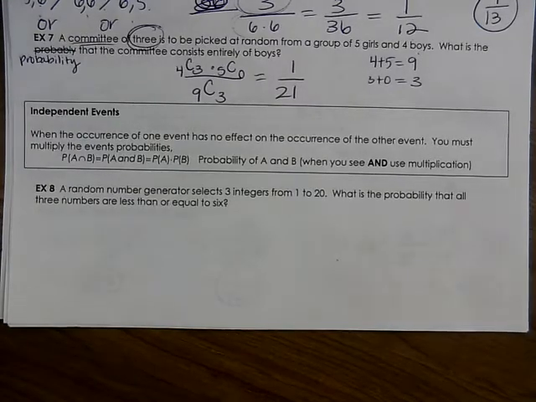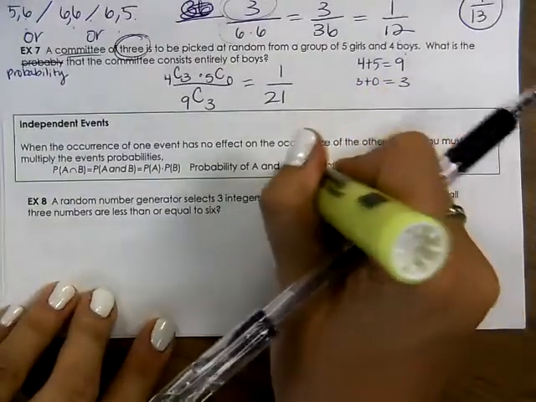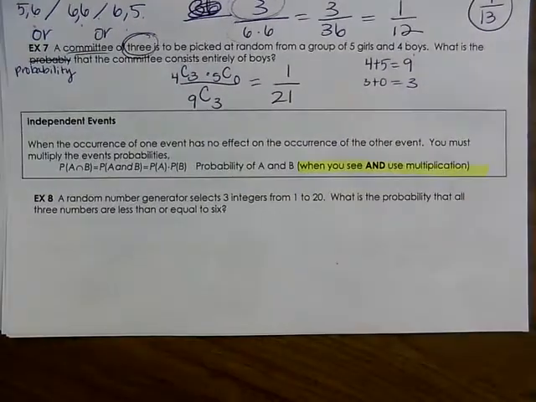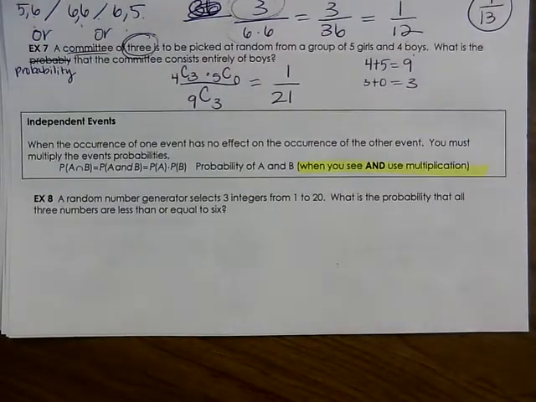So the way you answer question 1 doesn't affect the way you answer question 2 or question 3 or so on. Those are independent events. When you have independent events, you multiply. The key here, again, is when we see this word. So when we see and, we multiply. So you want this and this to happen, you just multiply the answers. I mean the number in the sample space.